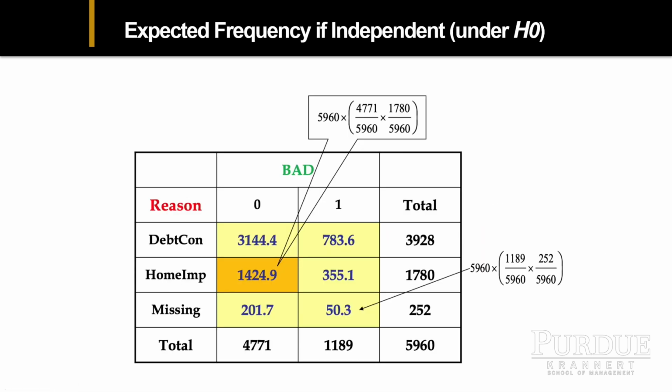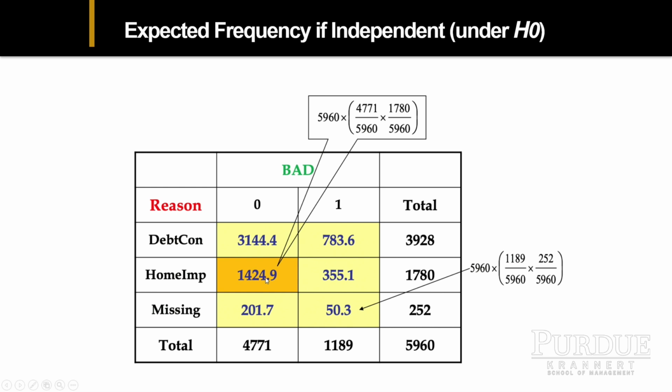The tricky part is how to calculate the expected frequency. The expected frequency is calculated under the assumption that these two variables, bad and reason, are independent. So if bad and reason are independent, take a look at this entry, home improvement and bad equals 0.